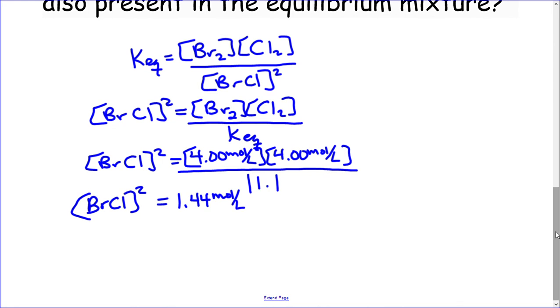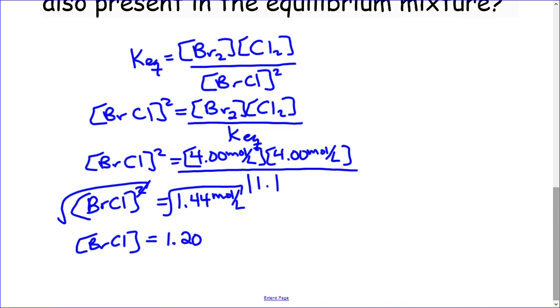And then this is still squared, so I need to take the square root of both sides, so I can cancel out that squared term, which means the molar concentration of BrCl is going to equal 1.20 moles per liter.